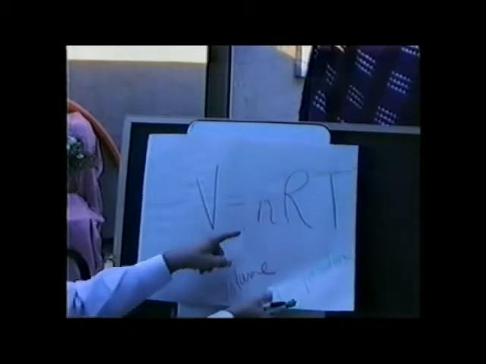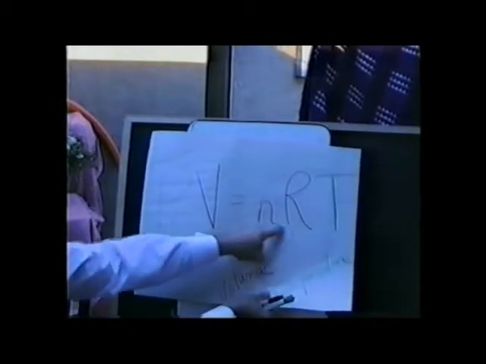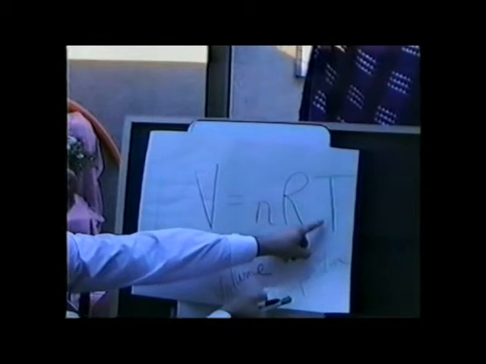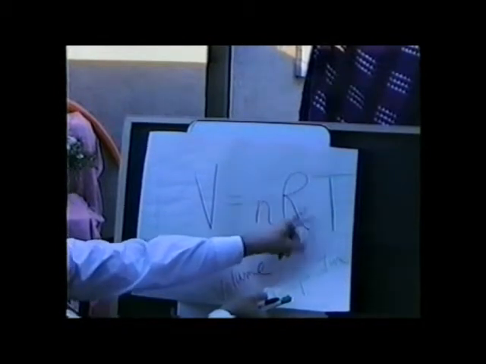For example, the first thing we could do, there's numerous things we can, is divide to isolate R by itself.